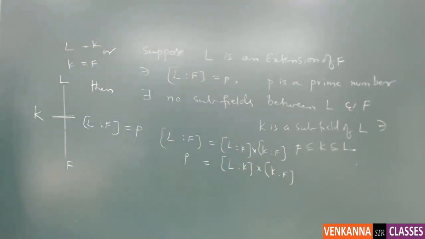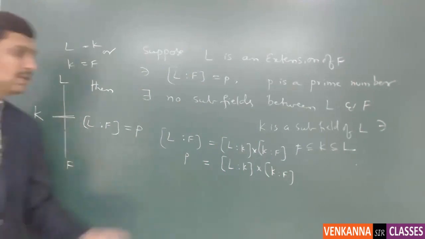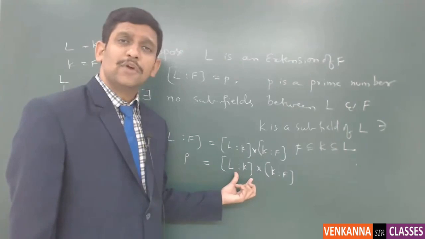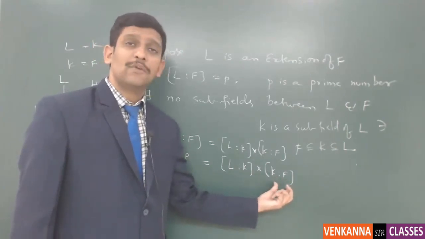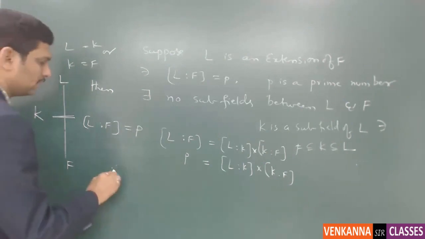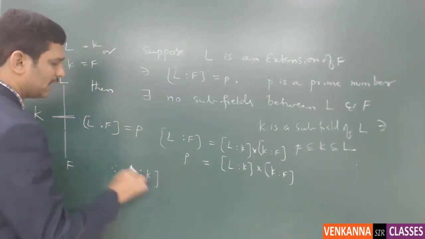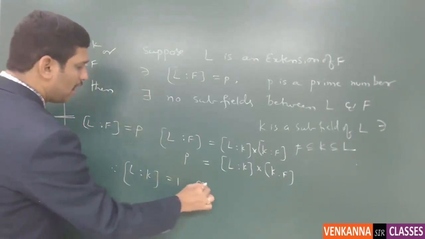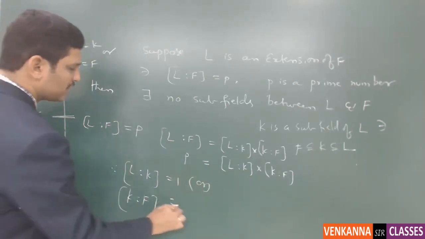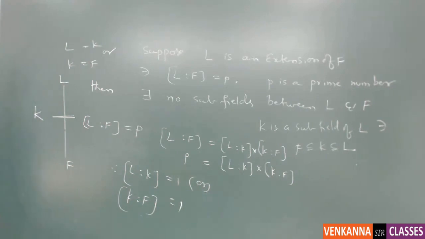Now, since P is a prime number, it won't have proper divisors, so either this number should be 1 or this number should be 1. Therefore, [L:K] must be equal to 1 or [K:F] must be equal to 1. It has only this possibility.